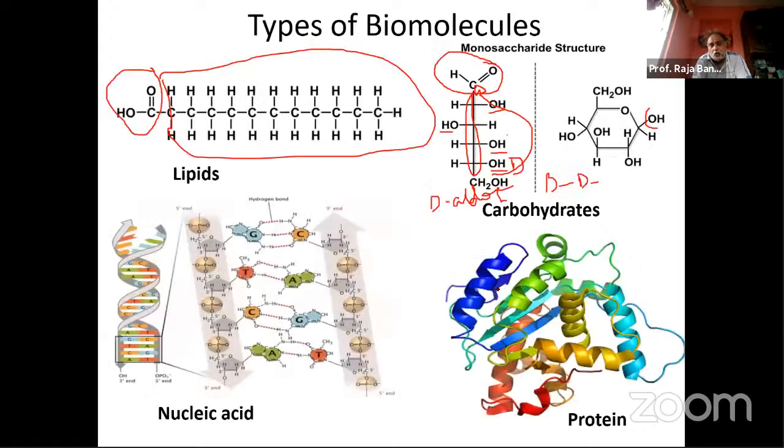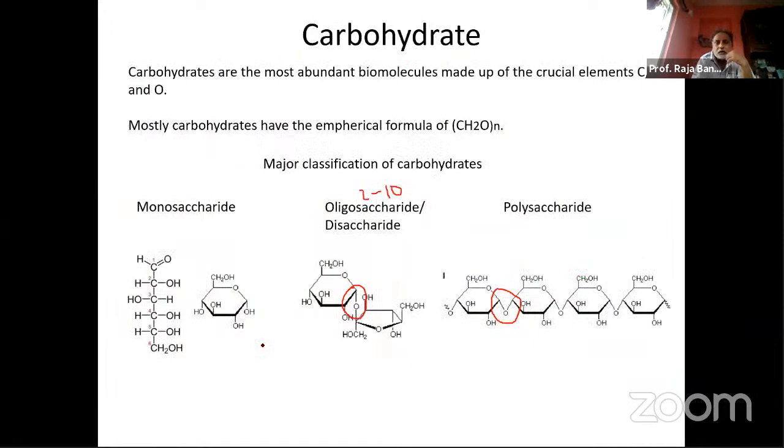If we look at these cases, the main constituents are carbon, hydrogen and oxygen. Here also we find carbon, hydrogen, and oxygen. In the case of nucleosides, nucleic acids and proteins, that is DNA and RNA, along with carbon, hydrogen, and oxygen we get nitrogen and others.